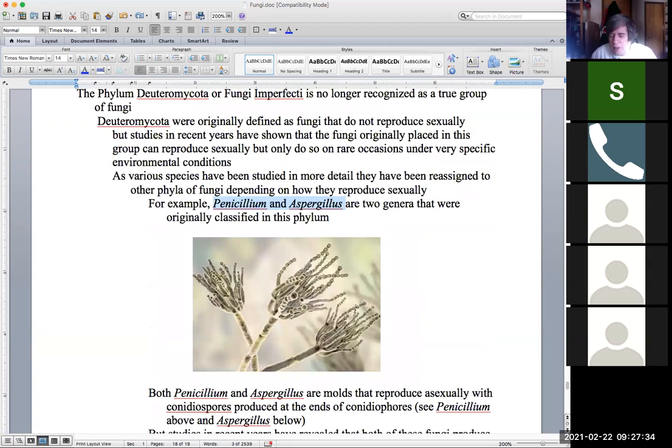Now, the discovery that the organisms in this group reproduce sexually has really some important implications for medicine. So think about Penicillium for a moment. Penicillium is a mold and it makes penicillin. And penicillin was discovered about 100 years ago, actually. And the way it was discovered is how things often happen in science, through serendipity, through kind of a lucky chance.